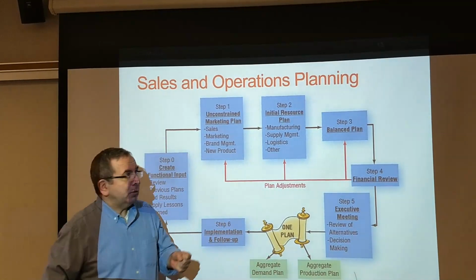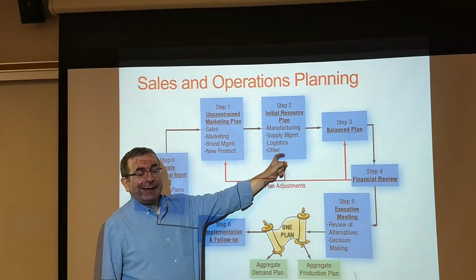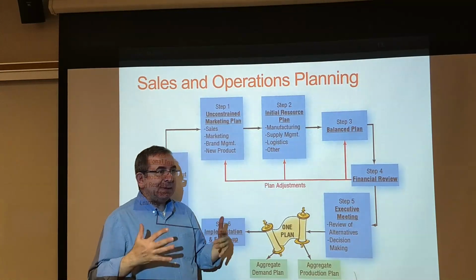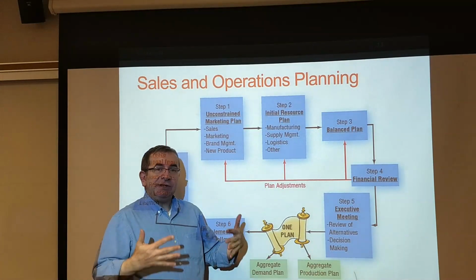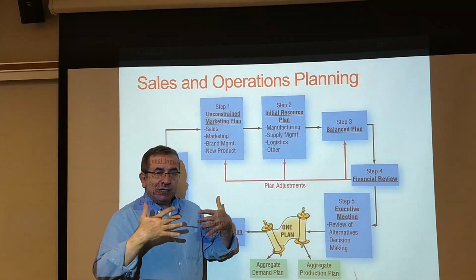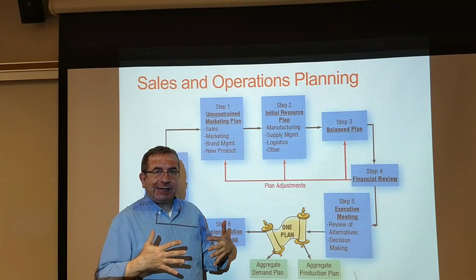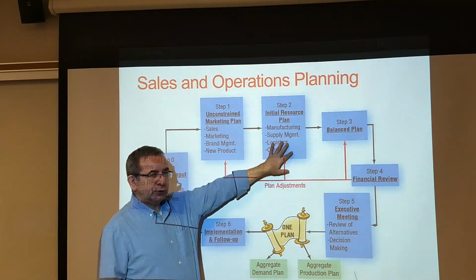In step 2, operations comes up with the constrained forecast. Constrained forecast means, given our limitations, our limited resources, limited capital, limited labor, limited technology, etc., what is the most we could produce?